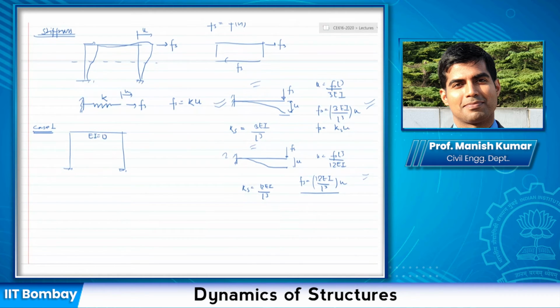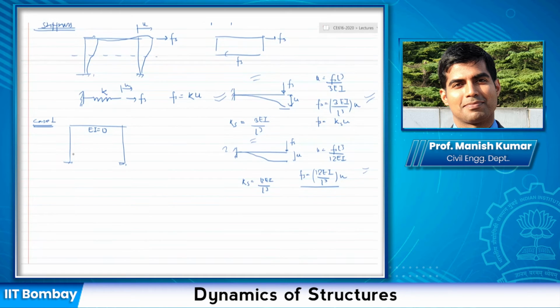So what does it effectively mean? If my column wanted to rotate here, remember what happened? Because this beam has some flexural rigidity, it prevented the free rotation at the second end of this column.